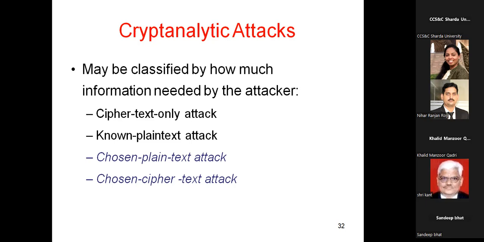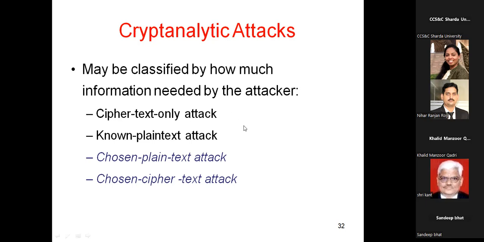What are they? Ciphertext only attack. This is the most powerful attack. It means you have only ciphertext in your hand, and from that you try to get the plain text.